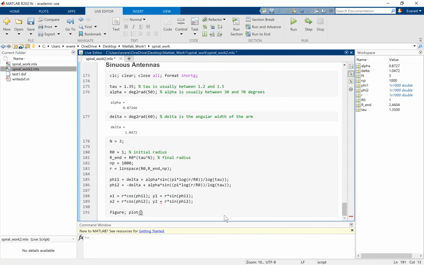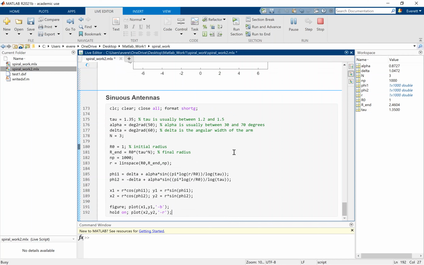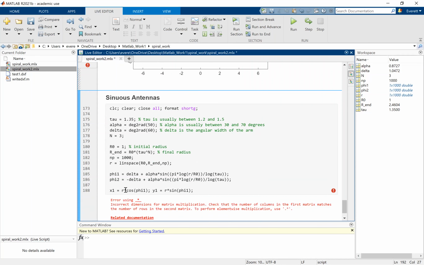All right, so let's plot those. So we plot x1, y1. Let's make this one blue. And then we'll hold on and we'll plot x2, y2, and we'll make that red. All right, so let's see what happens. Okay, and I forgot, this is element by element, so we have to use period times to multiply.